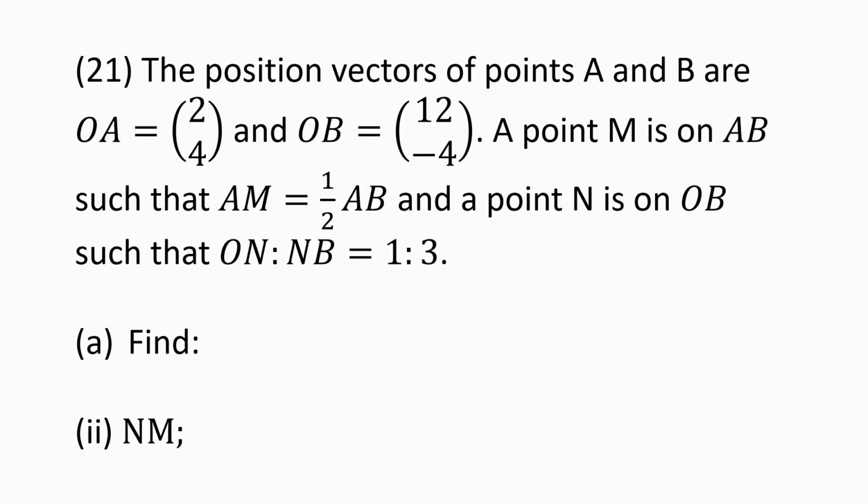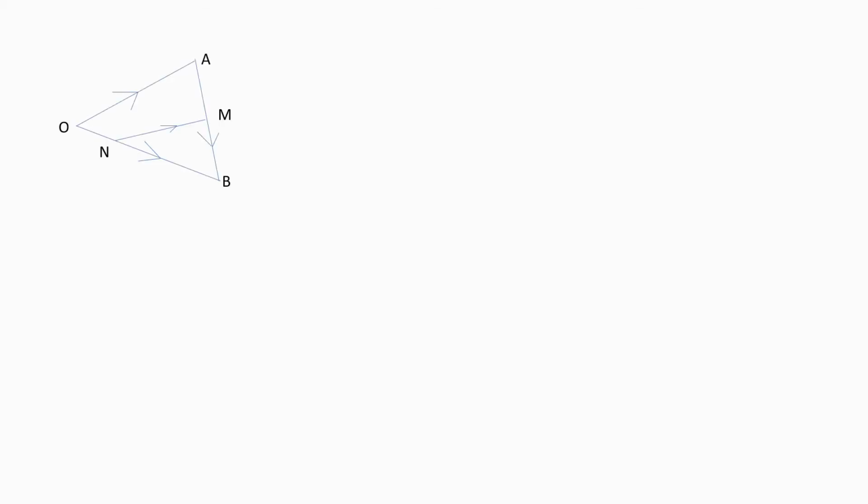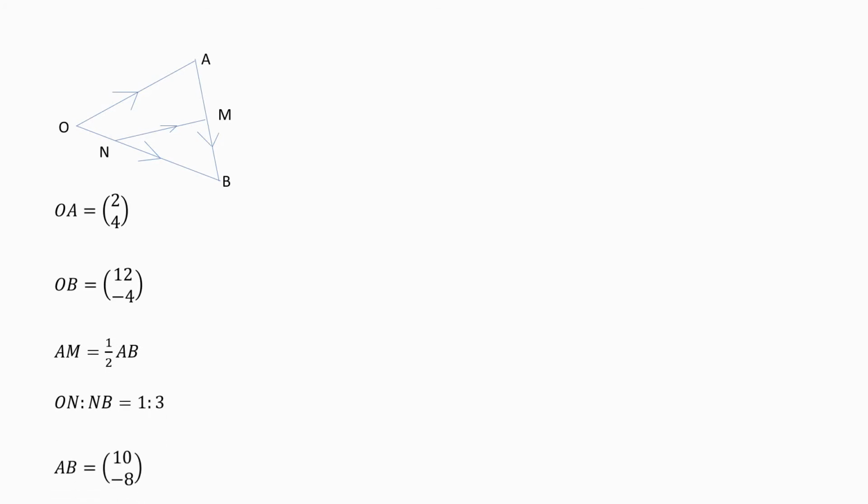Part A2, find NM. So we have an improved illustration based on the information that we have been given. And from part A1, we obtained that AB is equals to 10, negative 8.